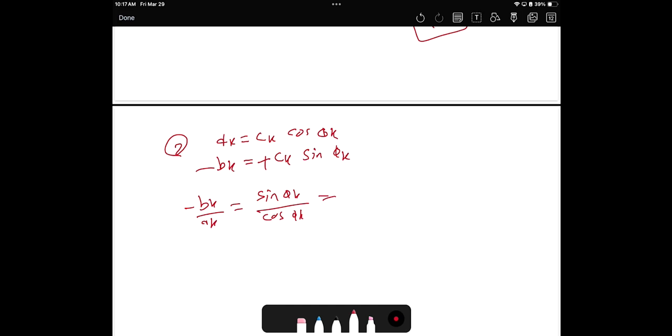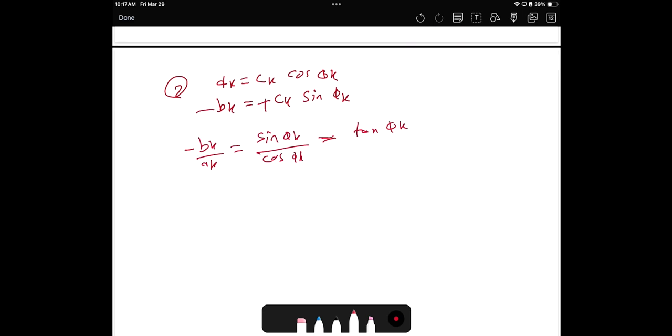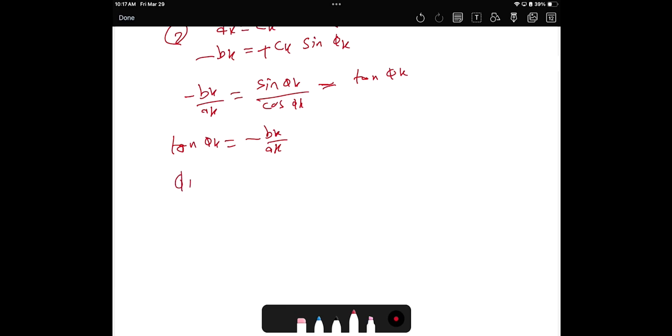In other words, sine over cosine will make it tan. So we need to find phi_k. We know that tan of phi_k will be negative b_k over a_k. So as a result, phi_k will be tan inverse of negative b_k over a_k.